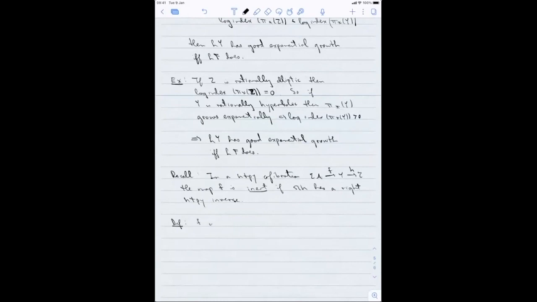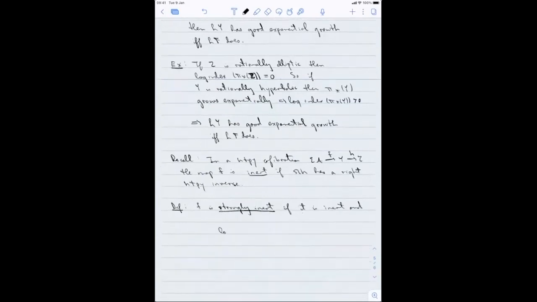We'll say that F is strongly inert if it is inert and when you compare the log indices of Y and Z, you get strict inequality.